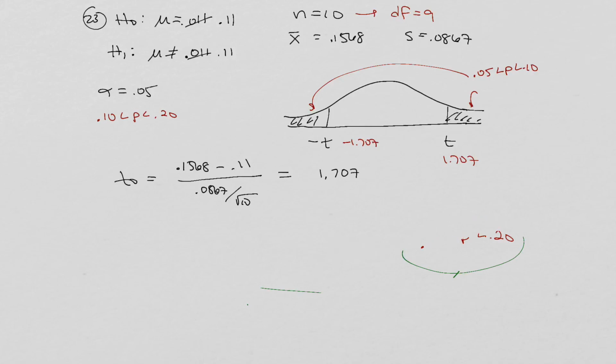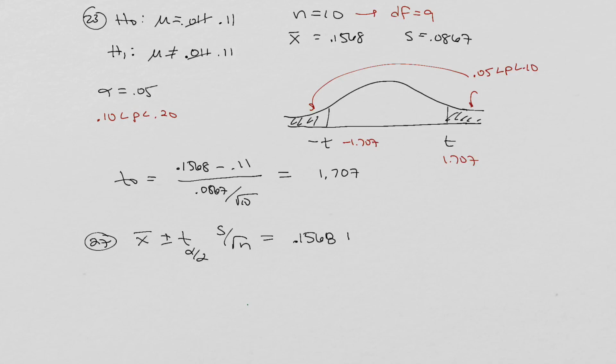Right. So for 27, let's just make our confidence interval, right, which again is x bar plus or minus my t-score times s over the square root of n. So in this case, x bar was 0.1568. All right, so my t-score of alpha over 2, alpha is 0.05, so I need to look up 0.025, and in this case I have 9 degrees of freedom.